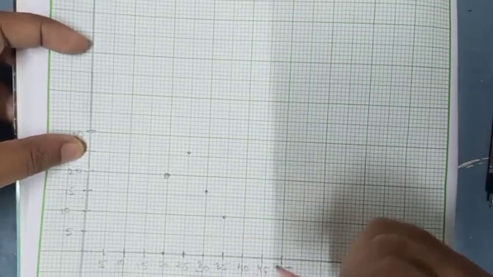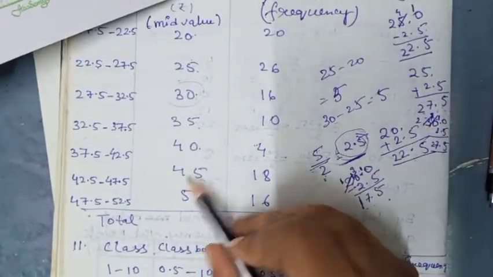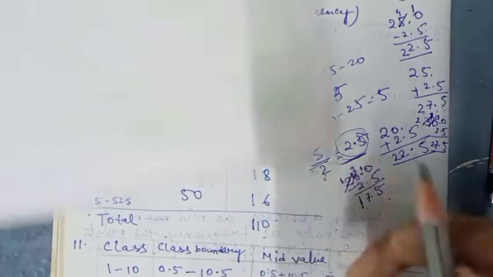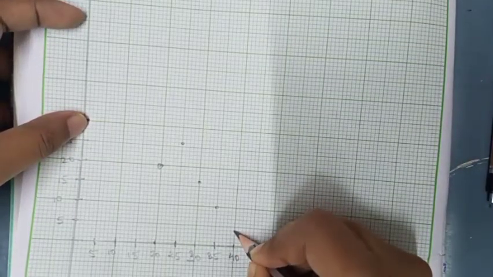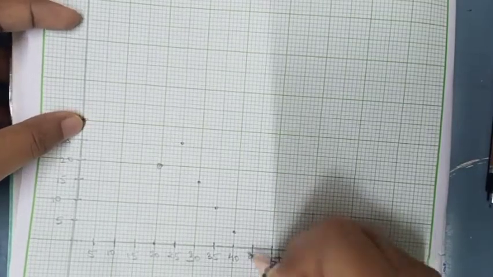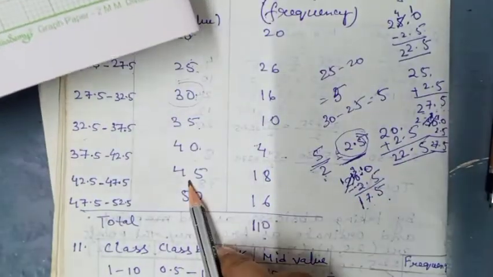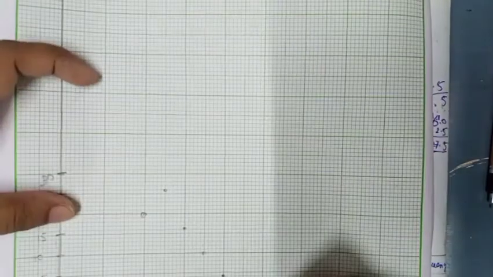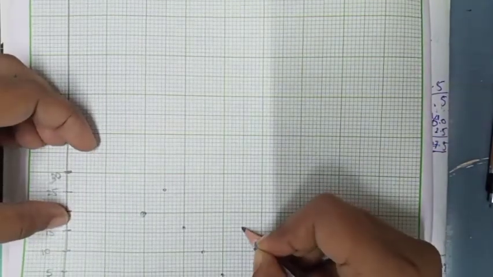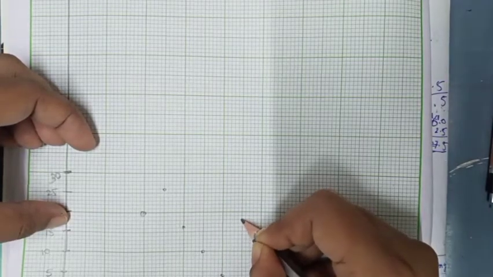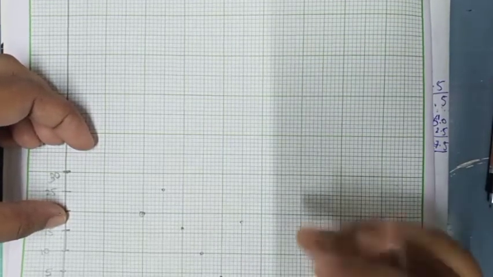Okay. Now after this 40 and 4. 40 is here, 4 is here. Okay. Now 45, 18. 45 is here, 18, this one is 15, 16, 17, 18. Okay.